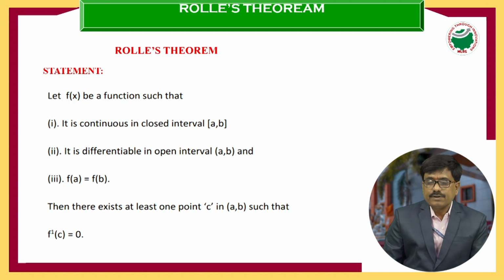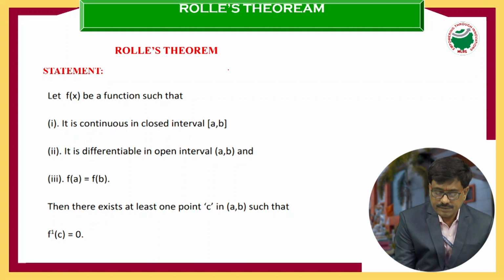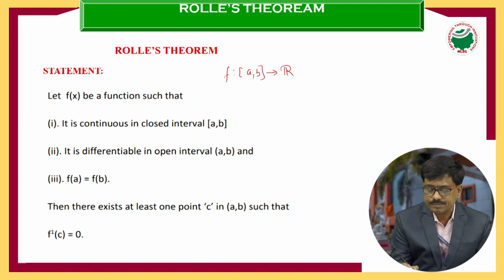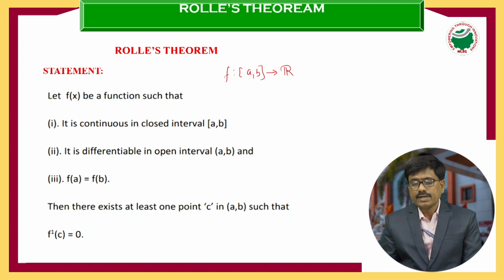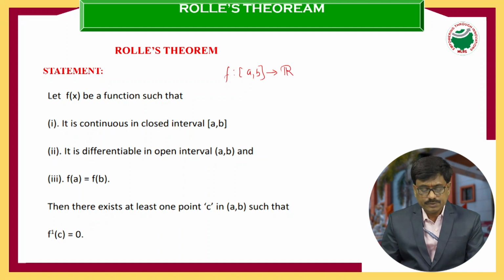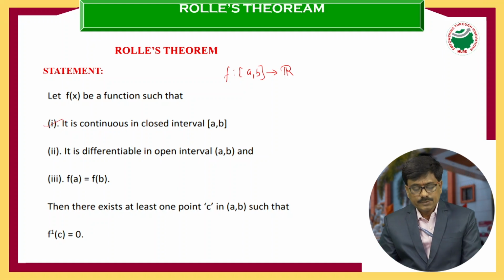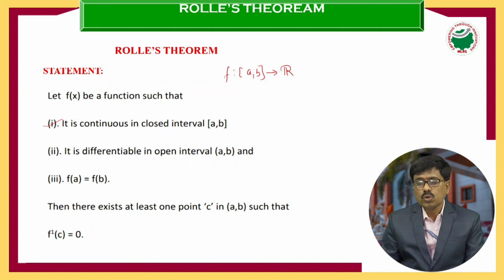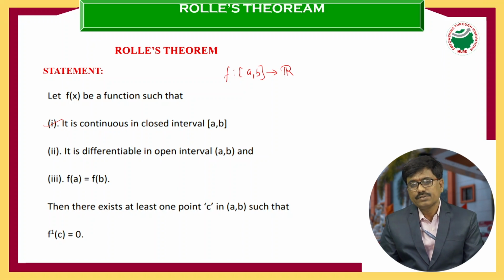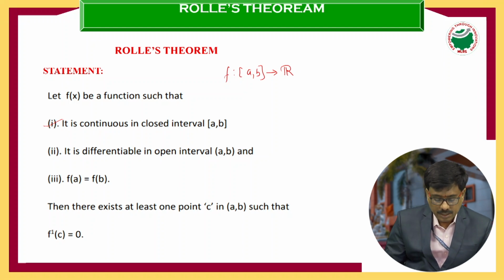Let f be a function defined from the closed interval [a, b] to the real numbers R. The first condition of Rolle's theorem: f is continuous in the closed interval [a, b].